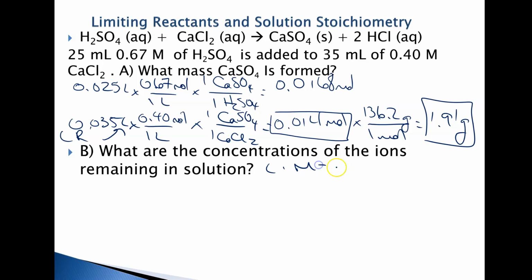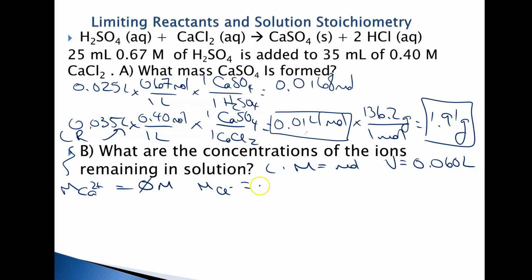Liters times molarity gives you moles. The total volume is 25 and 35, 0.060 liters. So for the molarity of Ca2 plus, it is 0 because it's my limiting reactant. And that's easy. The molarity of the chloride is going to be those moles, right? 0.035 liters times molarity gives me the moles.